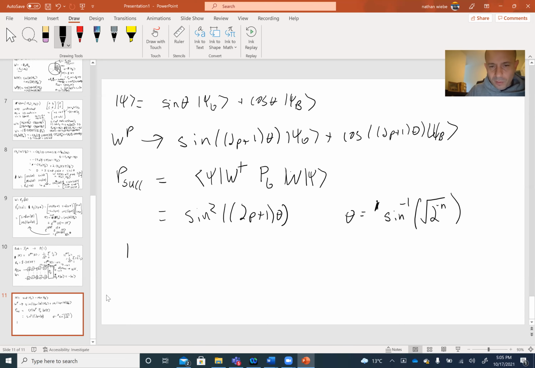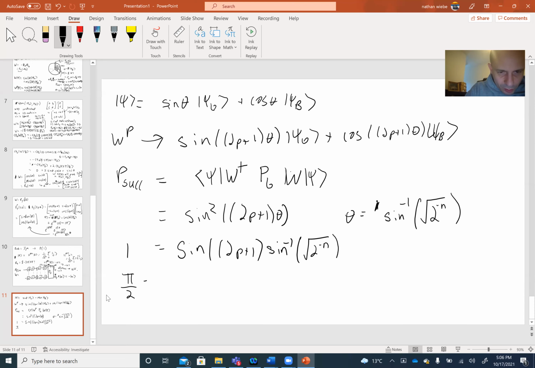If we set this to be 1, then we can square root both sides of the equation, and we end up getting that this is sine of 2p plus 1 times the arc sine of square root of 2 to the negative n. Taking the arc sines of both sides, we find that pi by 2 is equal to 2p plus 1 times the arc sine of square root 2 to the negative n.